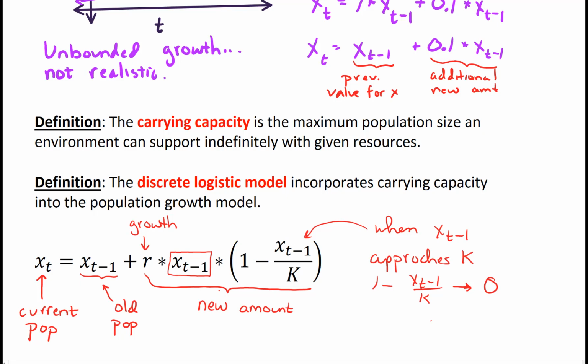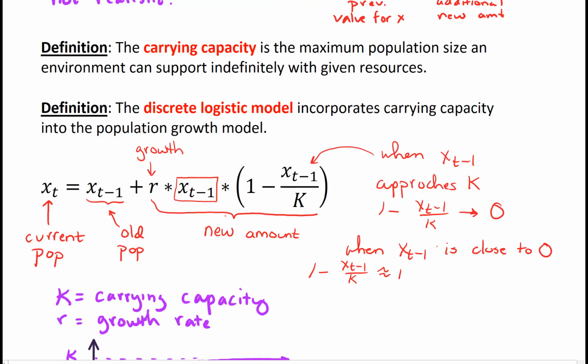And on the other hand, when x sub t minus 1 is 0, or very close to 0, then this factor 1 minus x sub t minus 1 over K is getting really close to 1. And so we're adding in here our new amount. It's very much like the exponential growth model we saw in the previous example.